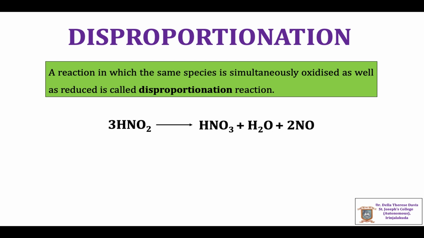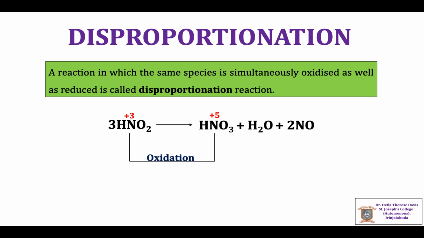A reaction in which the same species is simultaneously oxidized as well as reduced is called disproportionation reaction. The compounds of nitrogen undergo such reactions. For example, HNO2 decomposes to HNO3, NO, and H2O. In this example, nitrogen is oxidized as well as reduced.